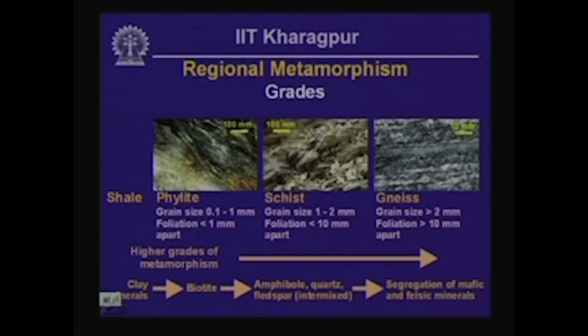So, this particular type of structure develops because of application of directional pressure, and this particular aspect was absent when we were discussing contact metamorphism. So, contact metamorphic rocks do not typically show foliated structure, whereas rocks that arise out of regional metamorphism processes often show foliated structures.